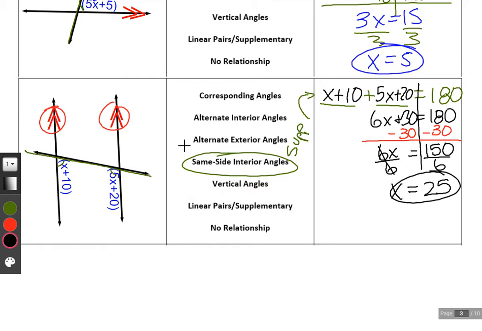These are supplementary, not congruent, so we don't expect them to have the same value, but we do expect them to add to 180 degrees. So I got 35 for this angle. 5 times our x value of 25 plus an additional 20 for the second angle gives us 145. Okay, 145 and 35 make our 180. We know we're correct. Guys, it's just as easy as that.